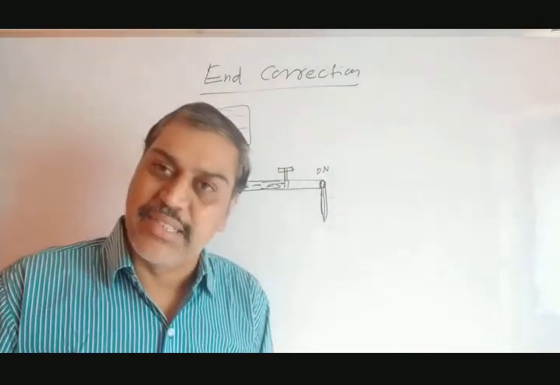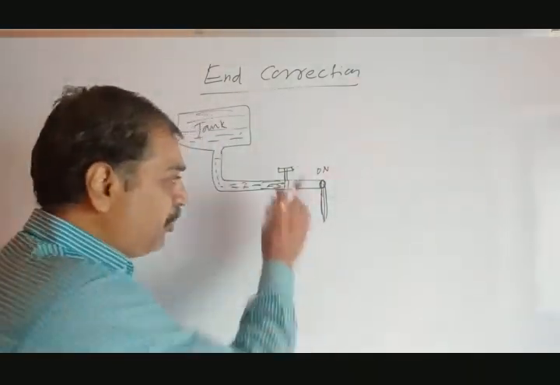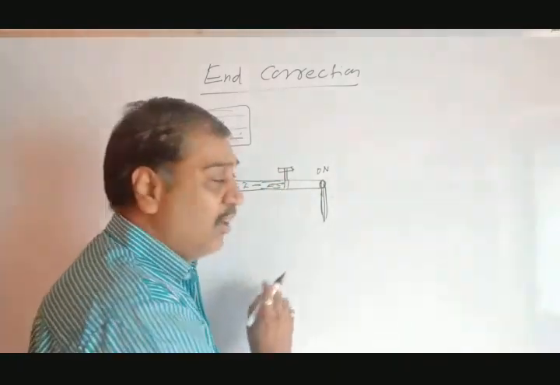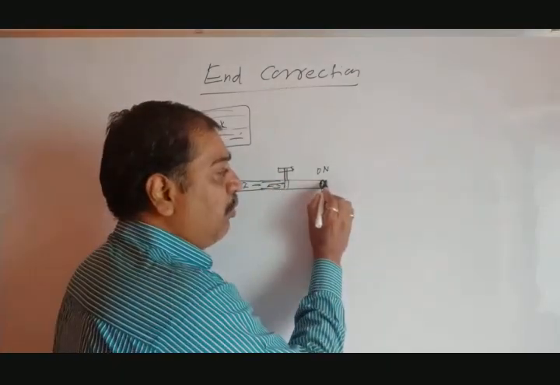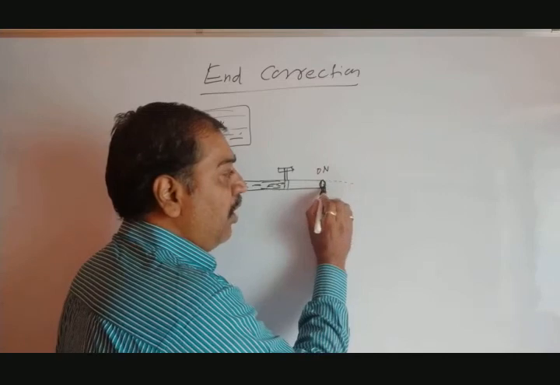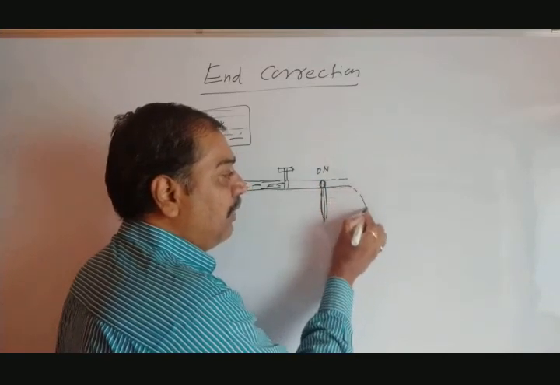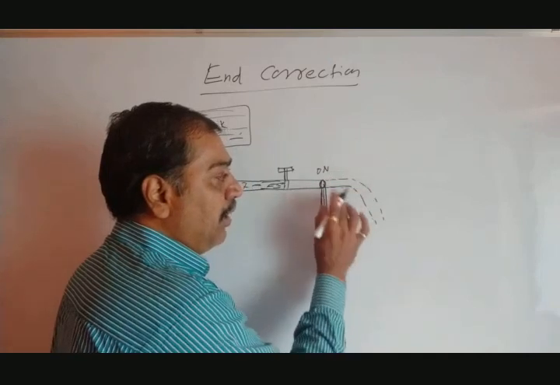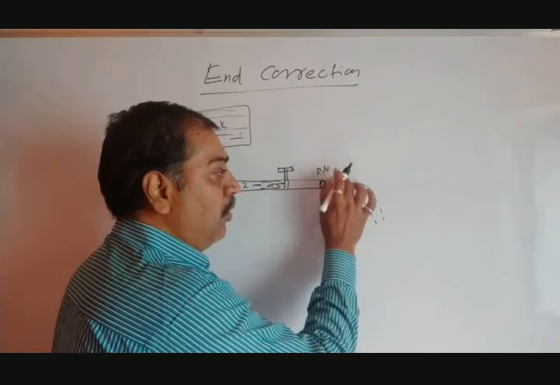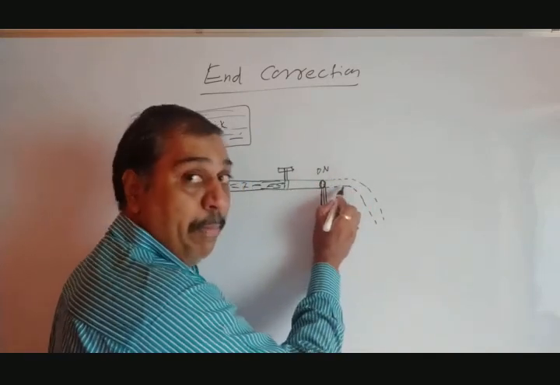But practical situations are such that when we switch on the tap, the water can't fall here. The water goes a little bit forward in a straight line, and then it falls down. Remember, here there is no pipe.